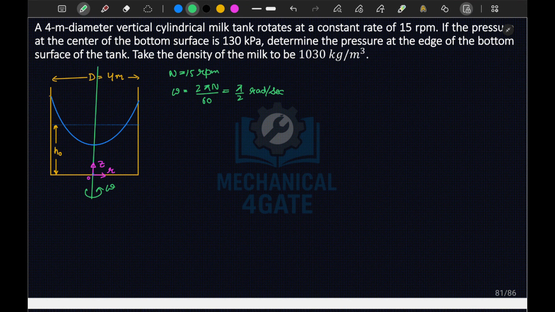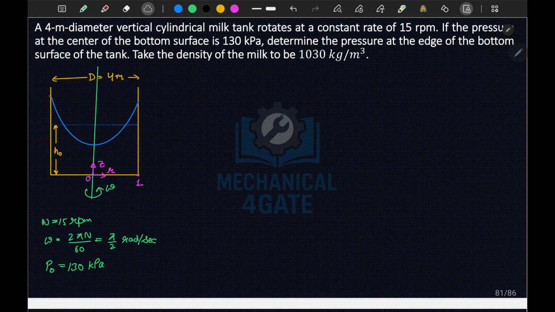Now we have been given that p node is at this point. This point is 0, and we have to calculate pressure at this point. Let's say this pressure to be 1. The p node is given as 130 kilopascal. What else is given?